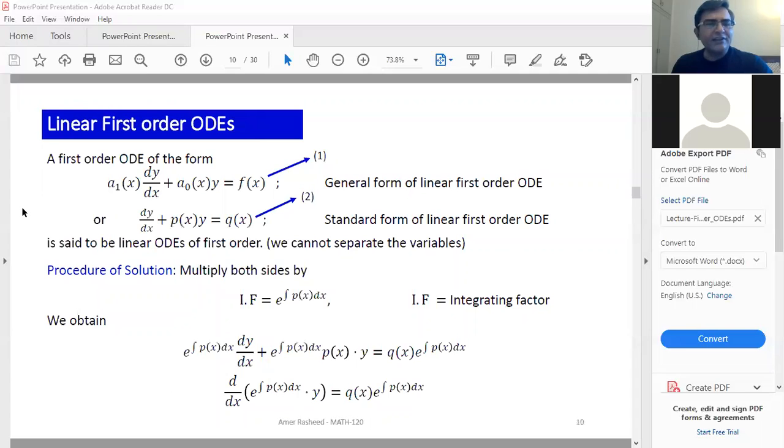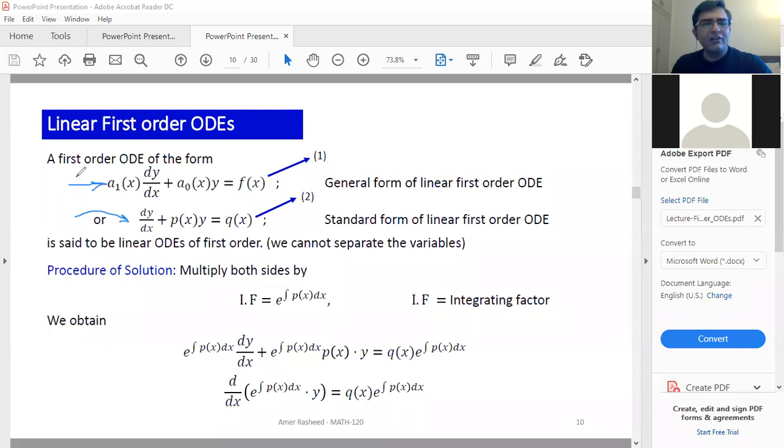Now in the start of the lecture, I have shown you different forms of first order differential equation. This is the general form of the linear differential equation of first order, and this is the standard form.